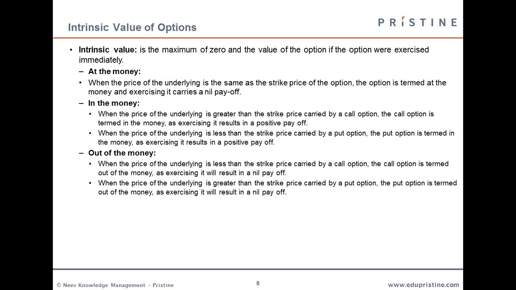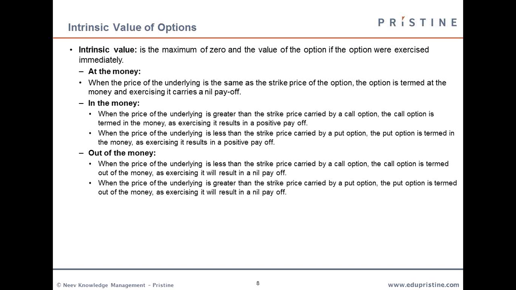That is, if the strike price and the price of the underlying are the same, then if you exercise it immediately, you don't get any profit, you don't get any loss. So the payoff for you is zero. Such an option is called an at the money option.